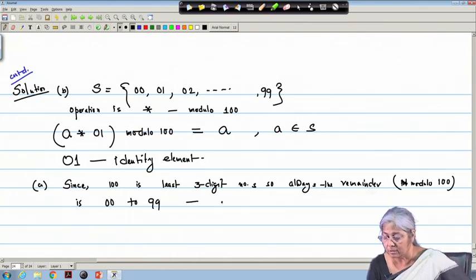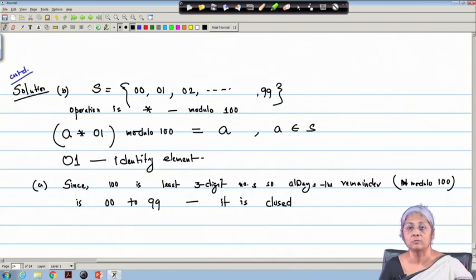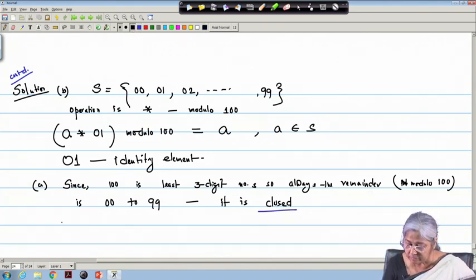So it is closed. Then whether it is associative or not, we check the associative property.